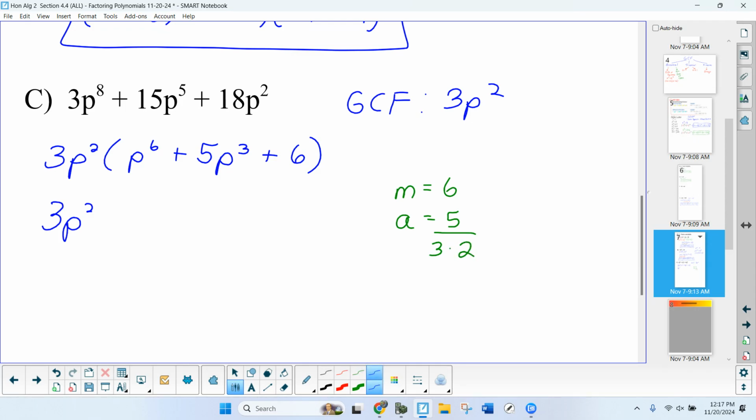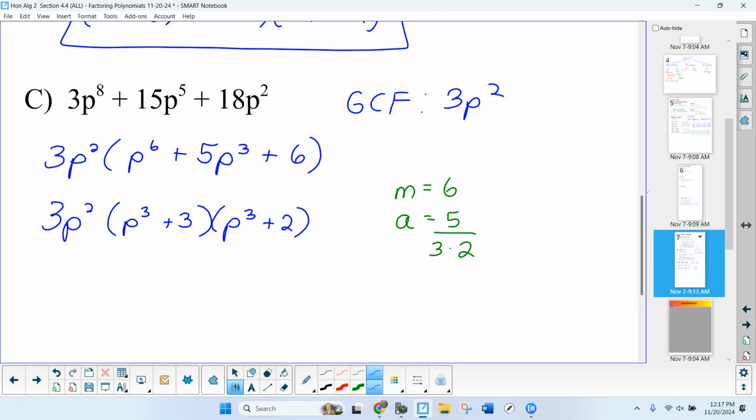Now, here's the way this factors. What multiplies together to give you p to the 6? You can't put p and p because that doesn't give me p to the 6. What gives you p to the 6? p to the third and p to the third. And then what multiplies to give you 6 and adds to give you 5? 3 and 2.